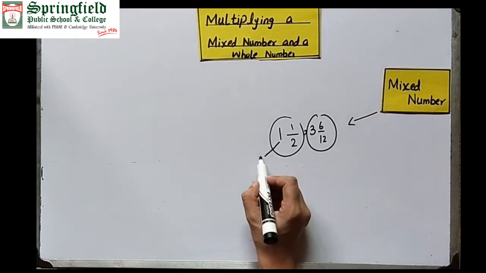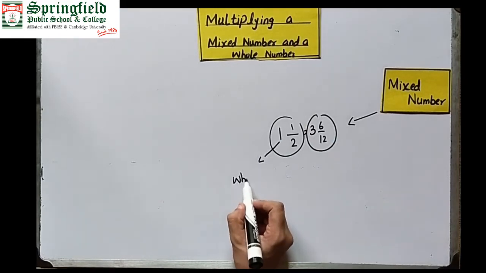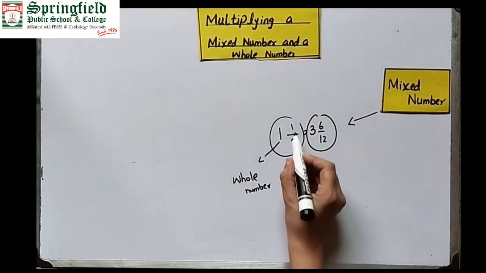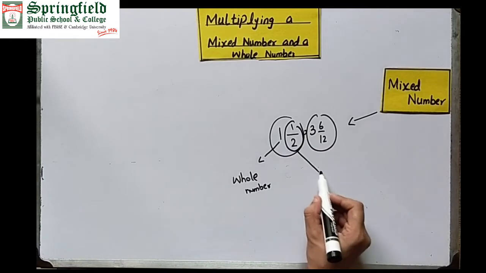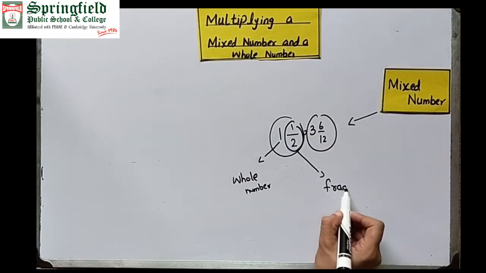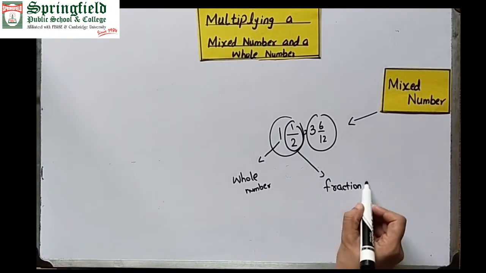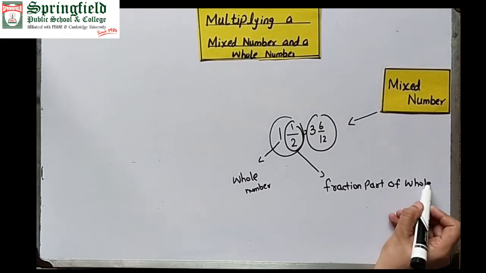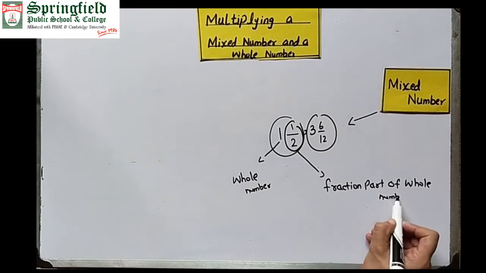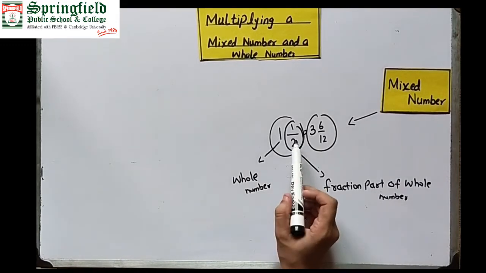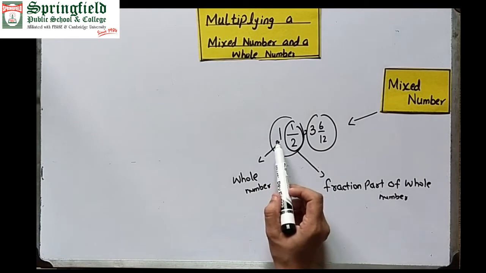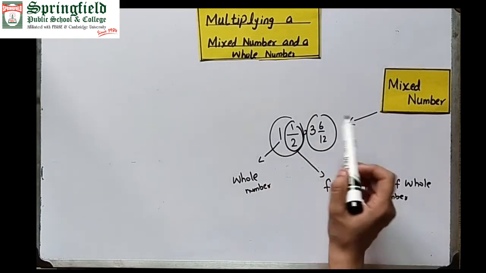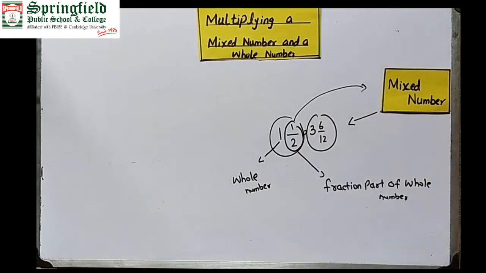The first part is called the whole number, and this part is called the fraction part of a whole number. So the mixture of a whole number and the fraction part of a whole number is called a mixed number. Understood beta?